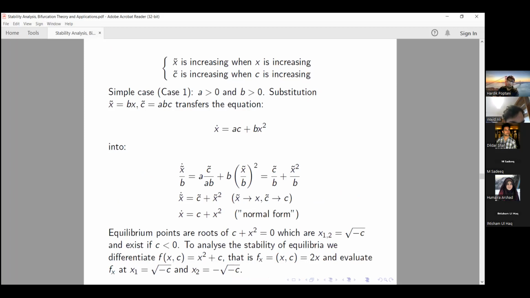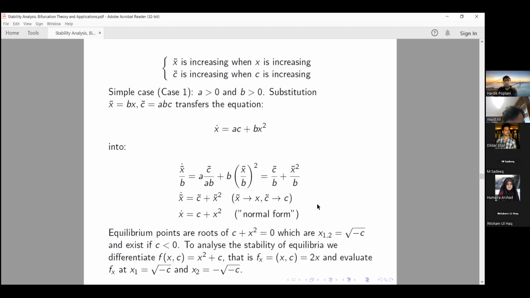If a is greater than 0 and b is greater than 0, we use the substitutions x tilde equals bx and c tilde equals abc, which transform this equation into a simplified normal form where x dot is equal to c plus x squared, after removing the tildes. So we can make these types of substitutions.